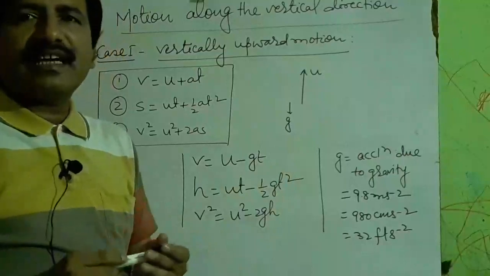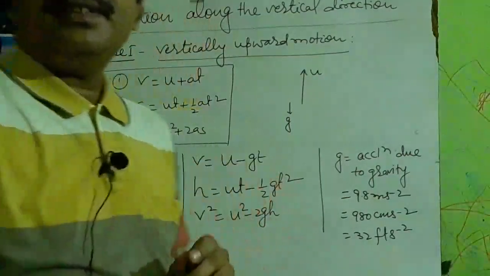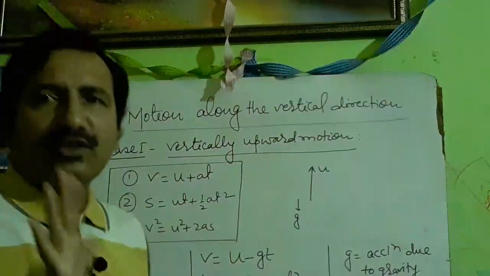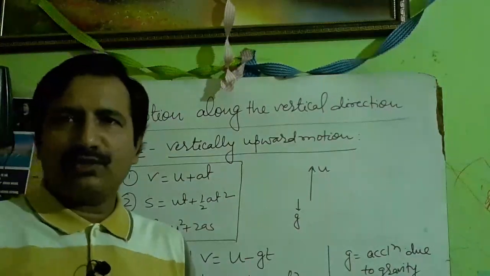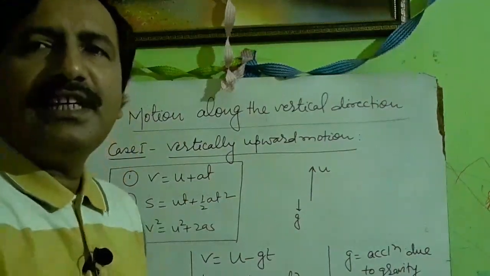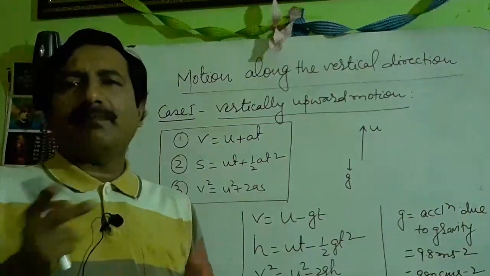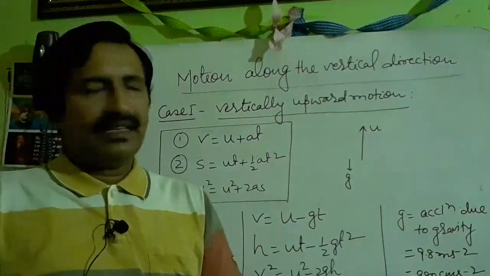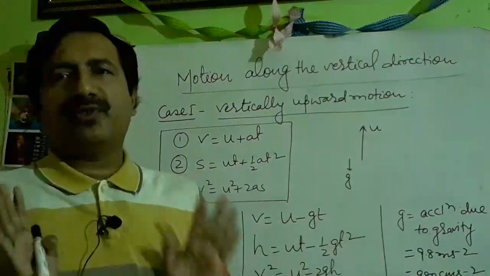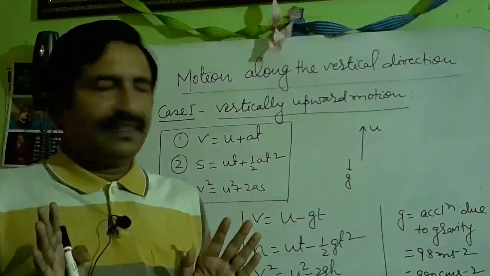And this g is taken as constant for normal upward motion. Normally, upward motion means if a particle attains a height not comparable with the radius of the earth, then this g will be almost constant. Is it clear?